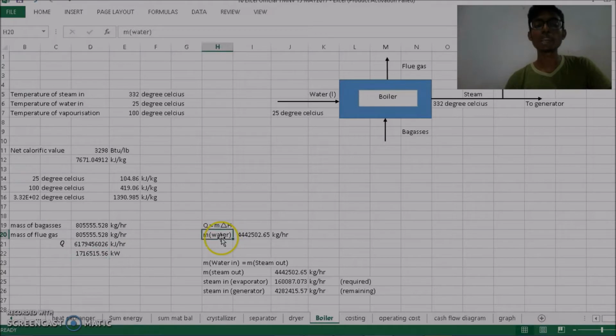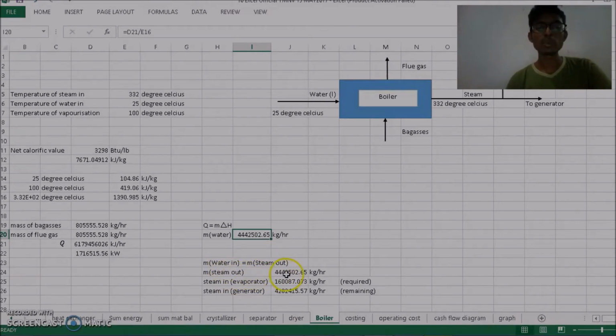So we find the mass of water by dividing the Q by delta H. We get the mass of water required as 4,442,502.65 kg per hour.